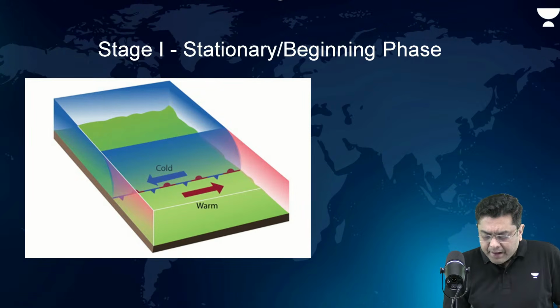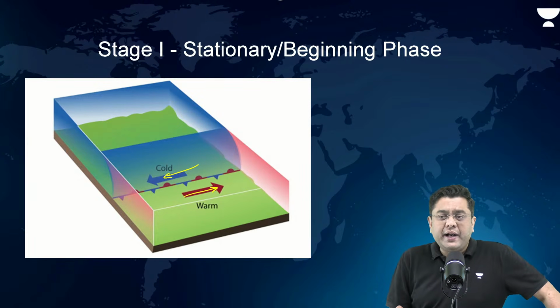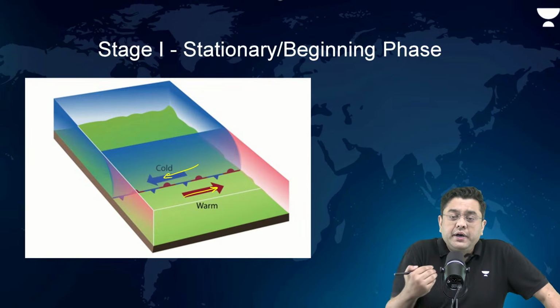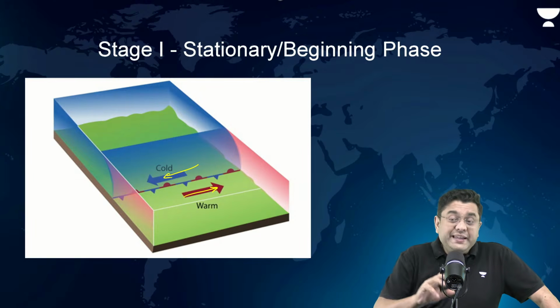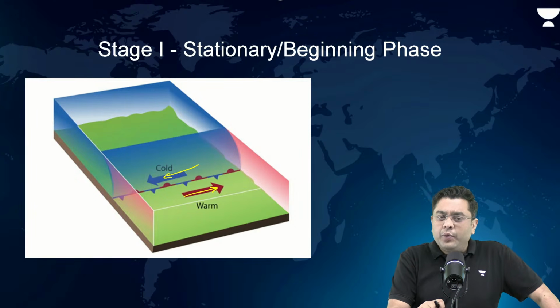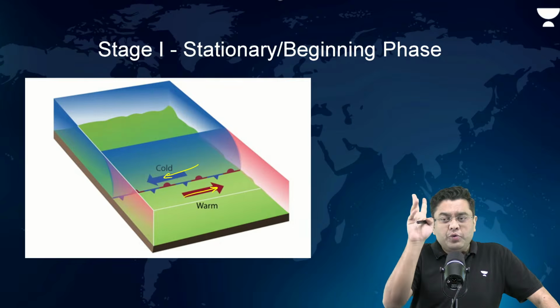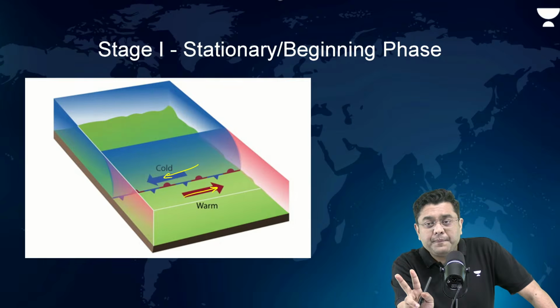Stage one, cold air and warm air come in front of each other, head to head. This is the stationary front. Now, this stationary front, once it is created, it can have two outcomes, what we have talked about.